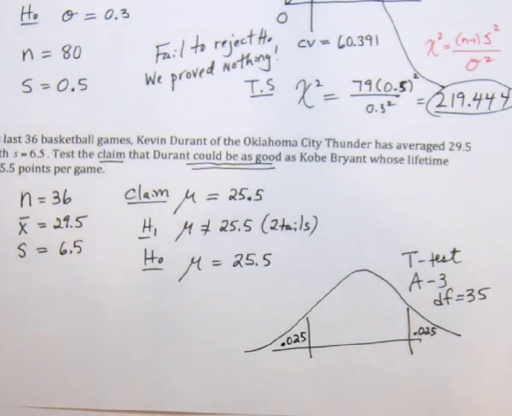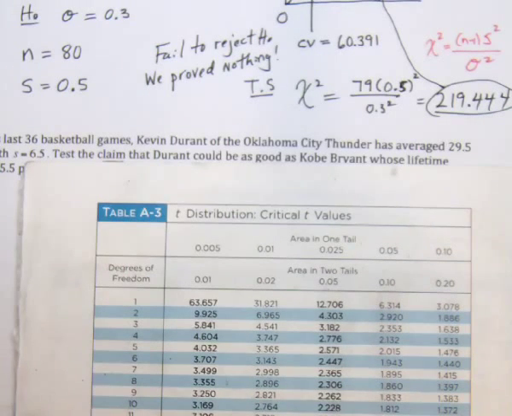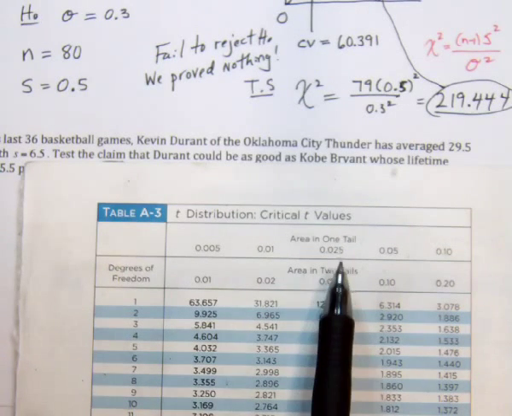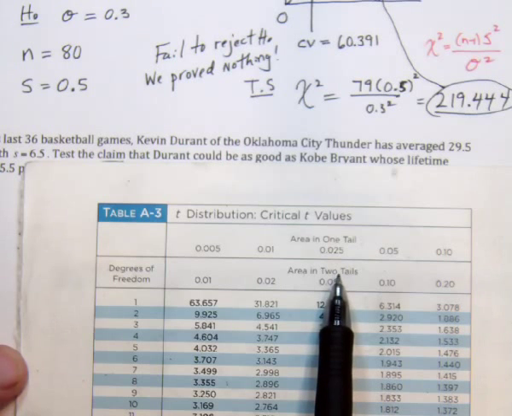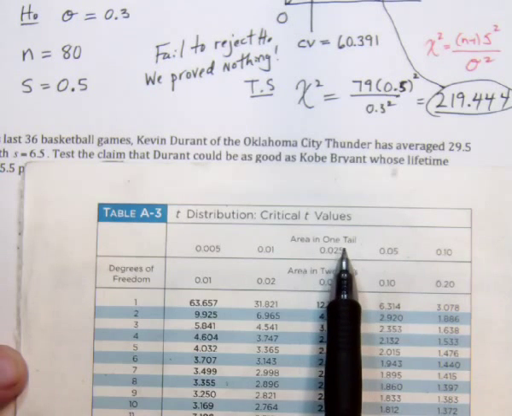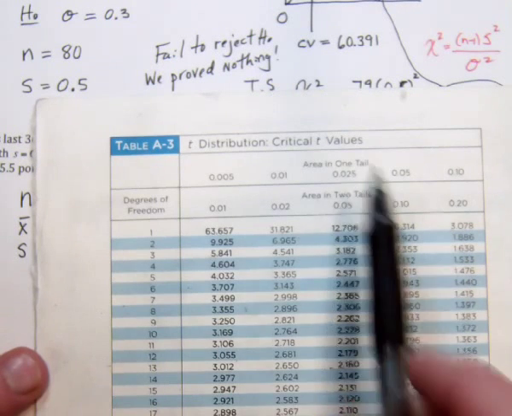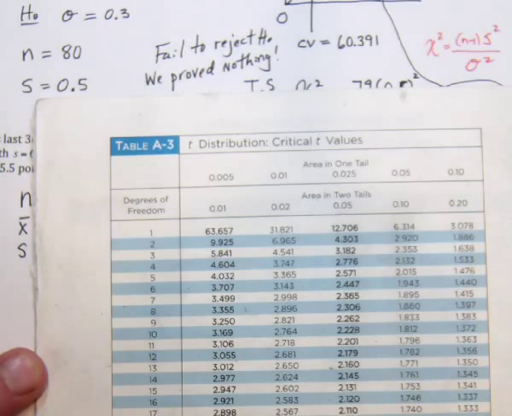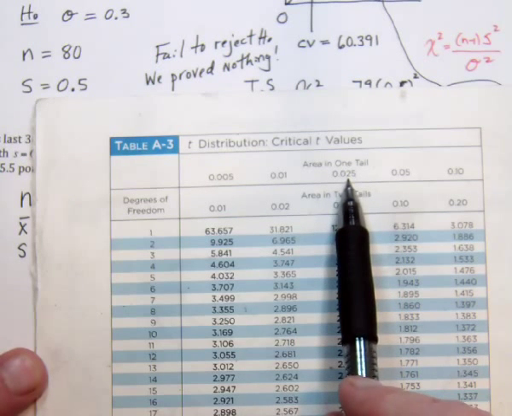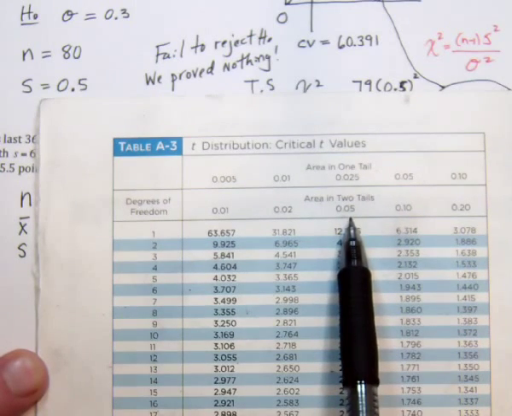And then for table A3, as mentioned before, you have to decide, is it one tail or two tails? This one is two tails. And the alpha equals 0.05. By the way, the other way you could look at it is, if you only looked at one tail, it has 0.025. So that means you have to use the middle column, either way.